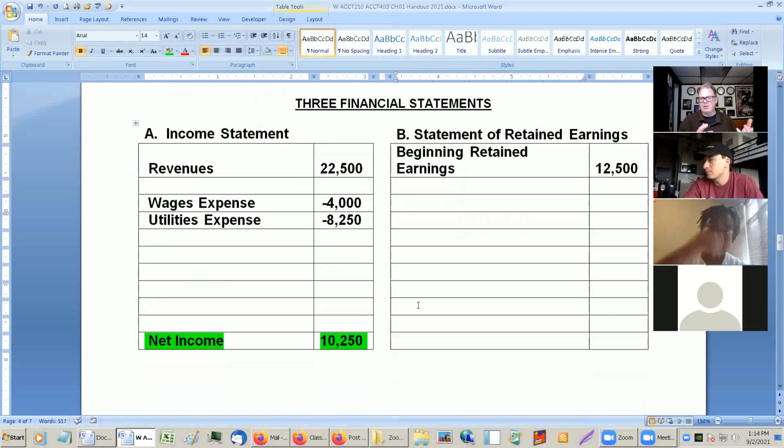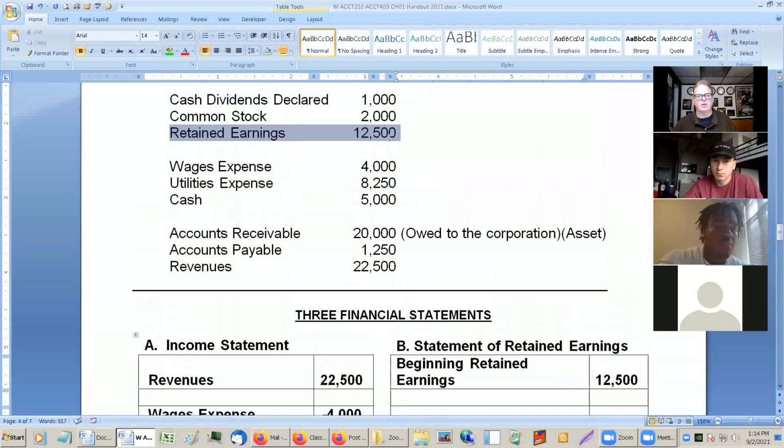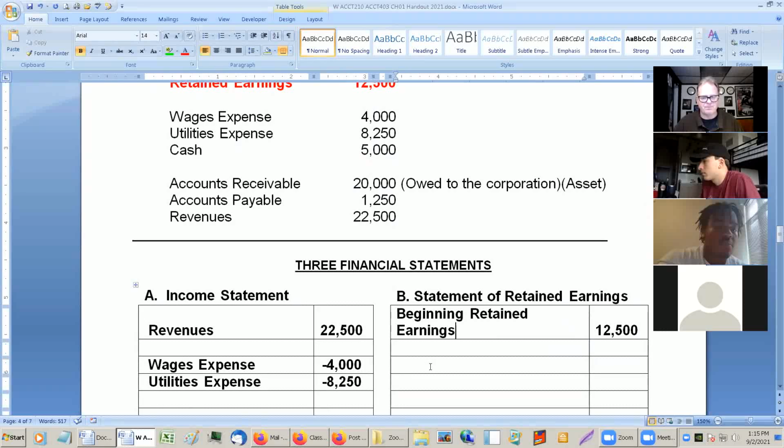This is like the owner's piggy bank. How did you know it was 12,500? Oh, okay. So this is what they have in the piggy bank. The owners have earned 12,500 that they haven't taken out of the place. This is money that came in, but they left it in the business, probably to help finance the business and make it even more profitable.